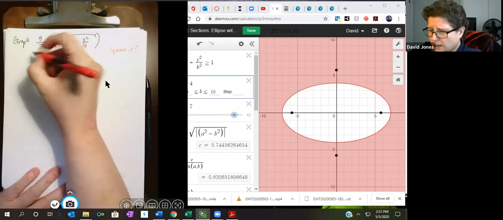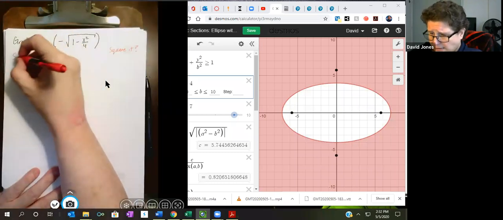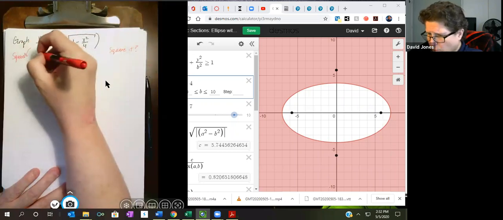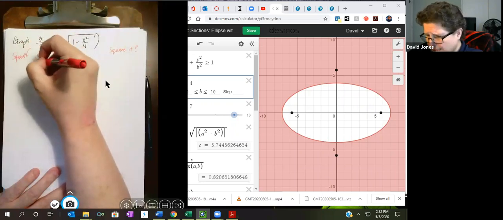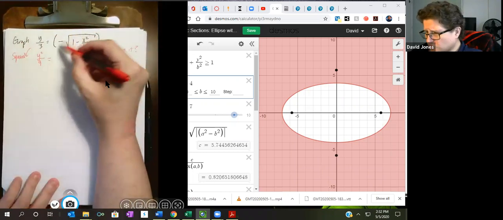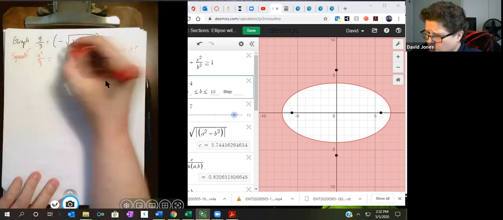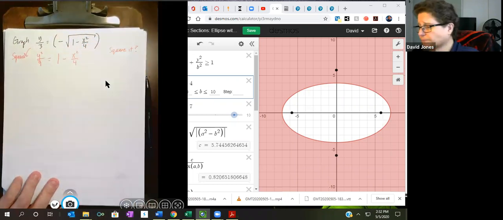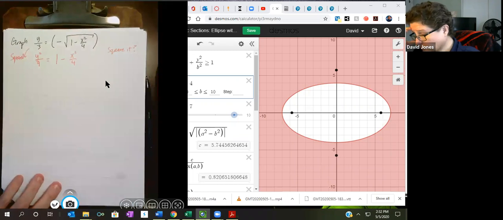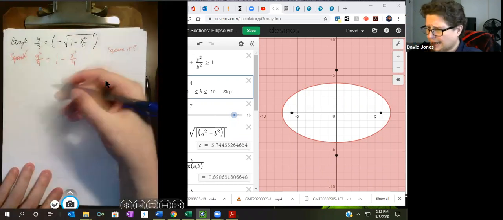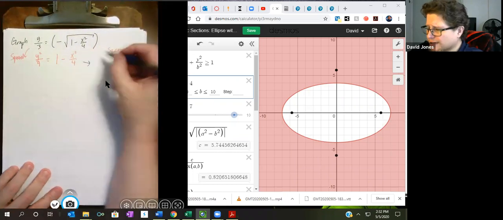If I square this side, I get y squared over 9. On this side, negative squared is positive. The square root goes away, and I get 1 minus x squared over 4. I can add the x squared over 4 to the other side.